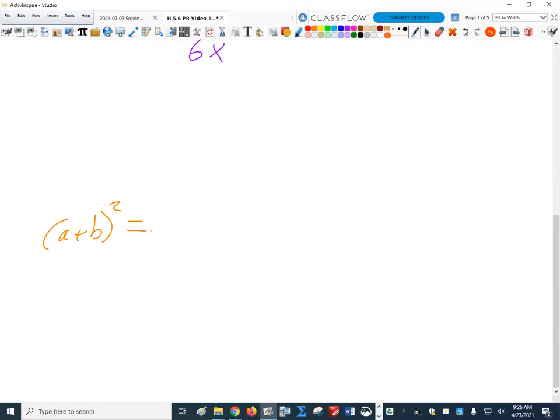Let's review the two patterns that we want to remember: the cubic expansion and the quadratic expansion, binomial expansion. When I say expansion in math, it means we're multiplying it out. So a plus b squared is what? a squared plus 2ab plus b squared.